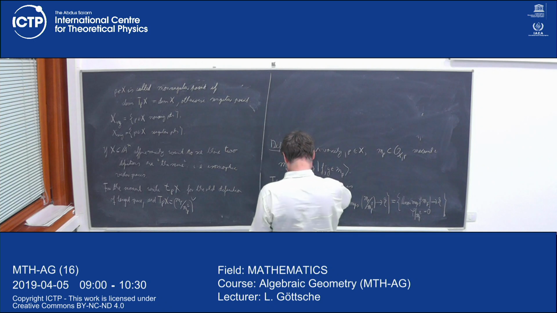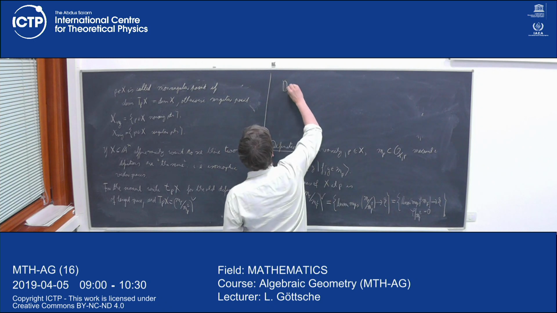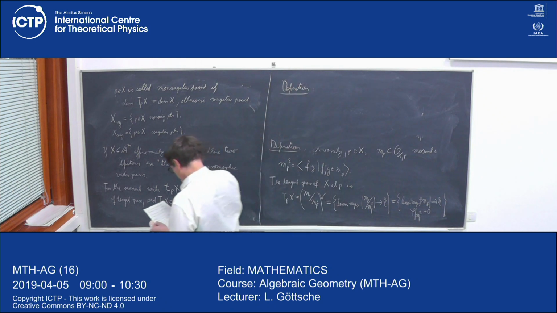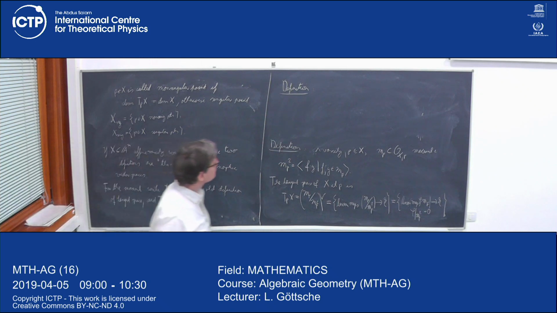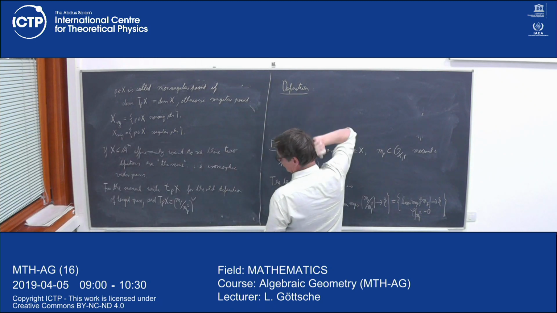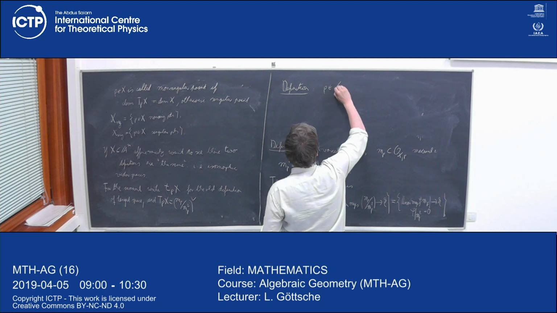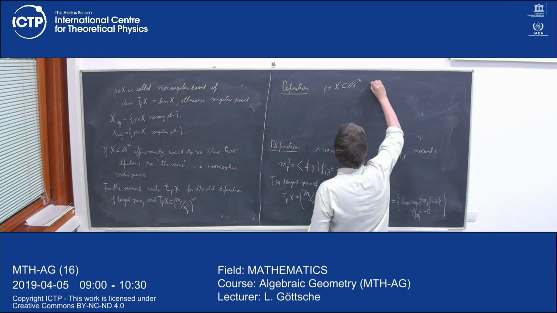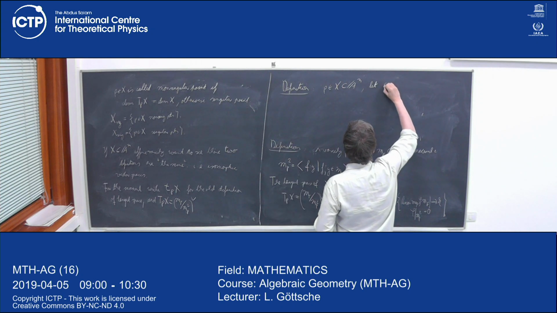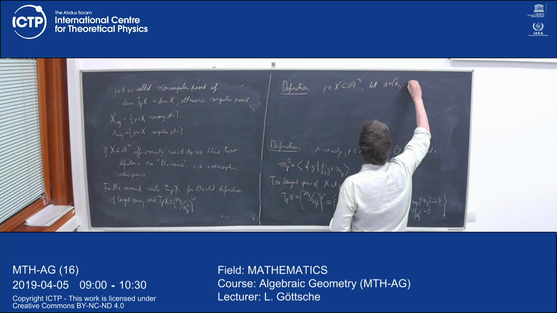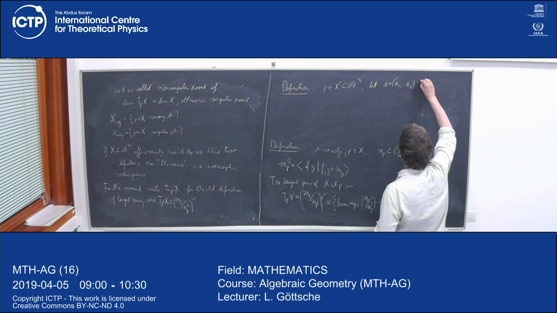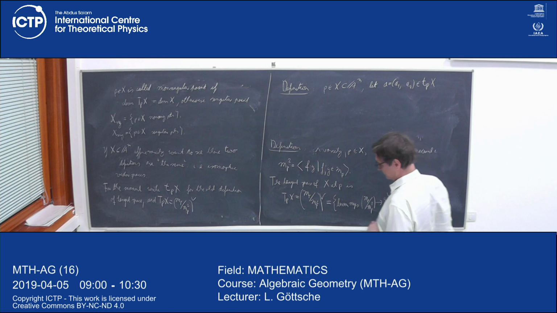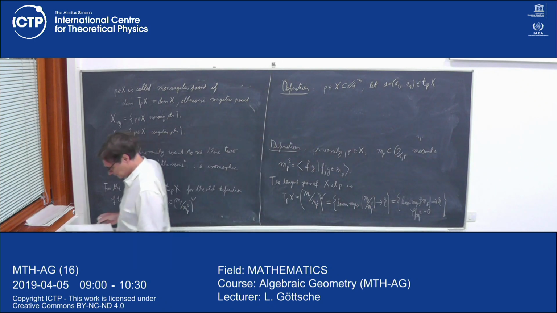So this requires a certain amount of computation, which I will maybe not do in all the details. So I have x our variety, p in x, and let a equal a1 to an be an element in our tangent space, the old definition.